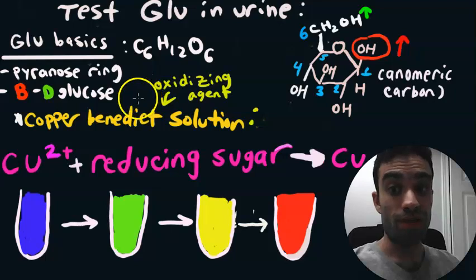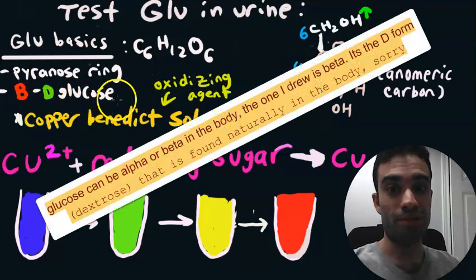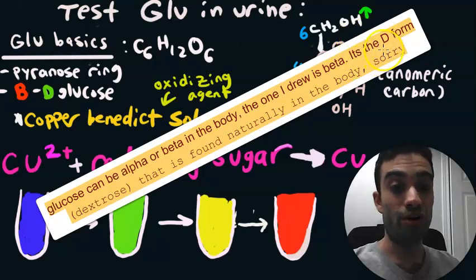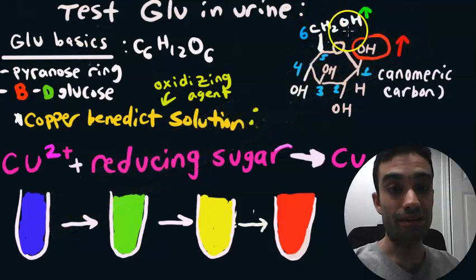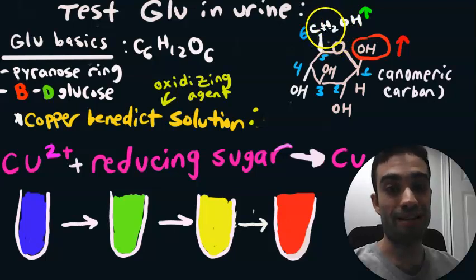So glucose is a beta-D-glucose. The beta refers to the OH of the anomeric carbon pointing upwards, and this CH2OH group pointing upwards, right? And this is the 6th carbon. Okay?